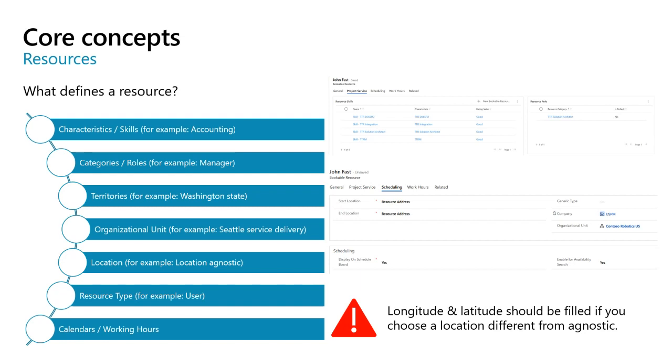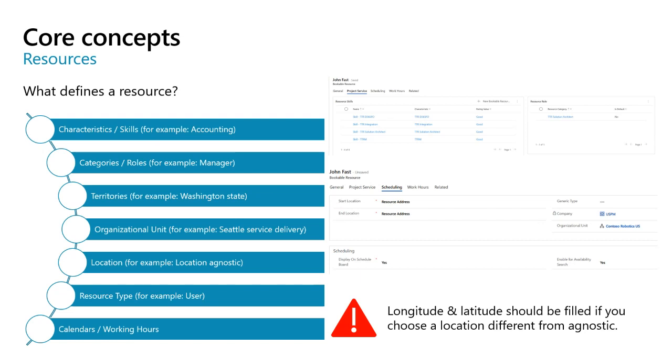For one resource, you can define some territories where it is able to provide services, and for organization unit, you have to define one organization unit for your resources. For location, you have three options. Location agnostic means that your resource does not take into account where it's based.